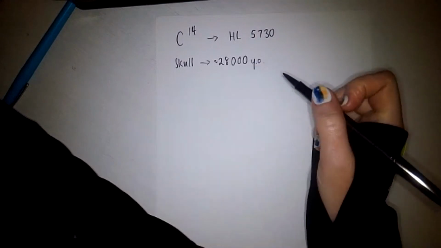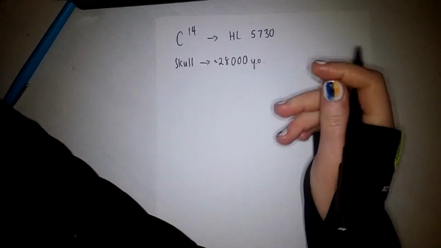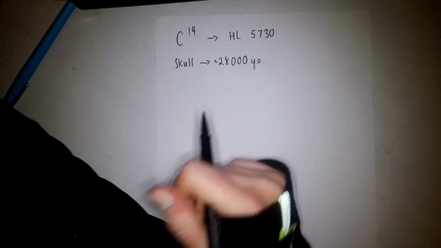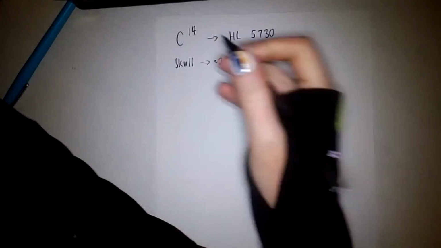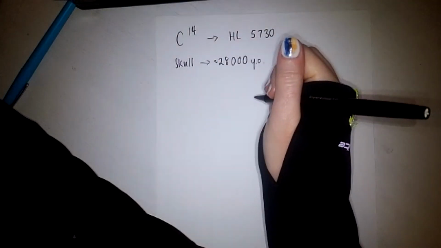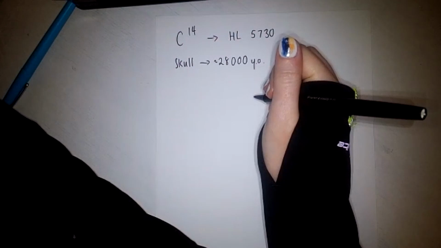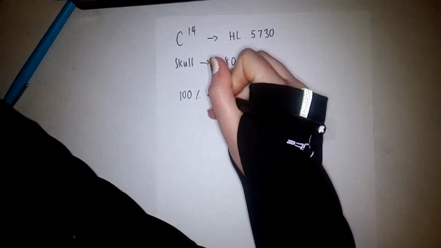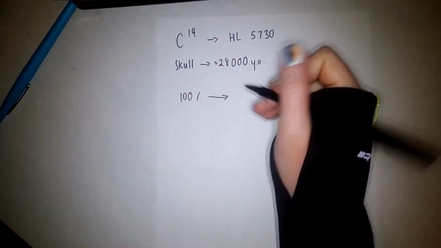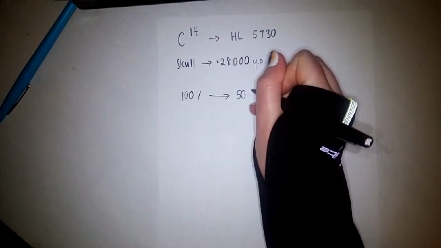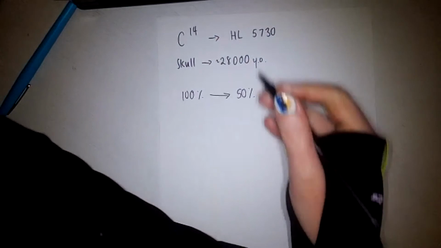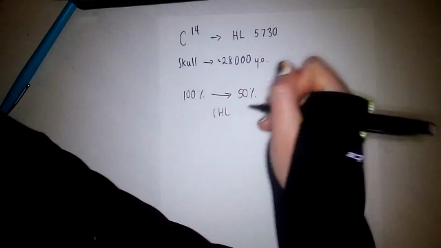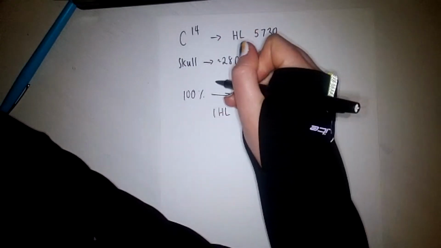So let's have a little look. We start out with our 100%, and we're going to go with 50%, and we're going to fill out the details. So one half-life is 5,730 years.